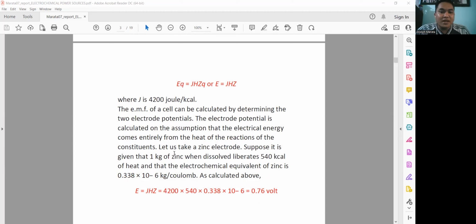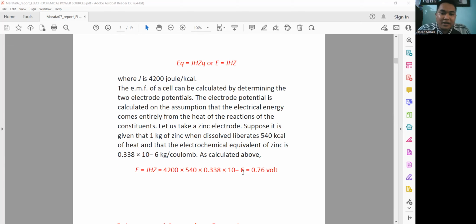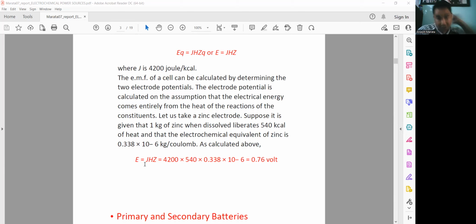Suppose it is given that 1 kilogram of zinc which is dissolved liberates 540 kcal of heat and that the electrochemical equivalent of zinc is 0.338 times 10 to the power of minus 6 kilogram per coulomb. As calculated above, we have this solution.